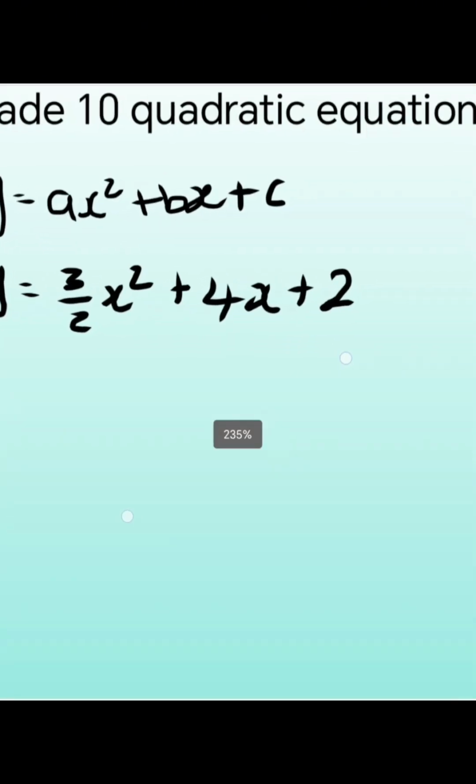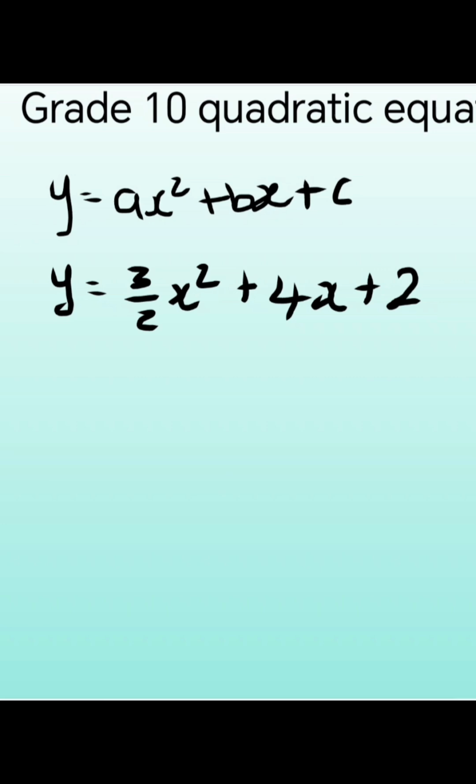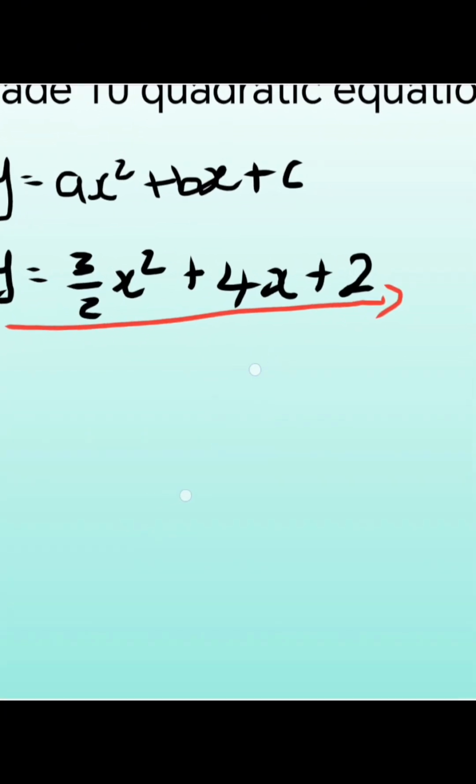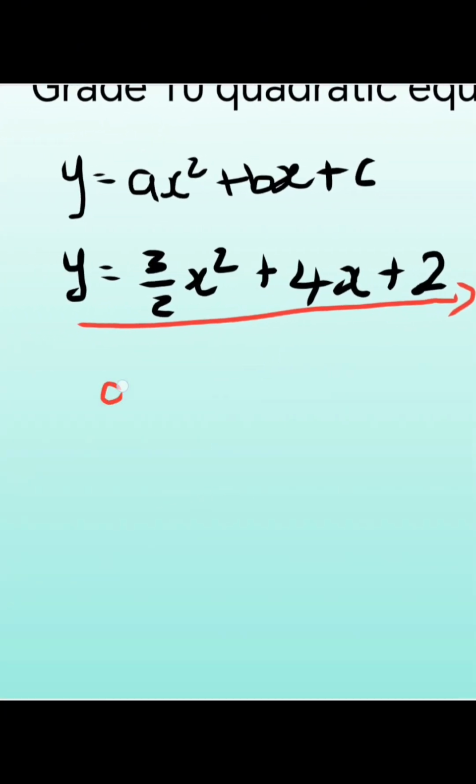So now we are going to realize what our function is. The example that I gave you is the function. So we are going to plot the function. We are going to do the intercept. Firstly, you realize what we have here. In the place of A, we placed 3/2.